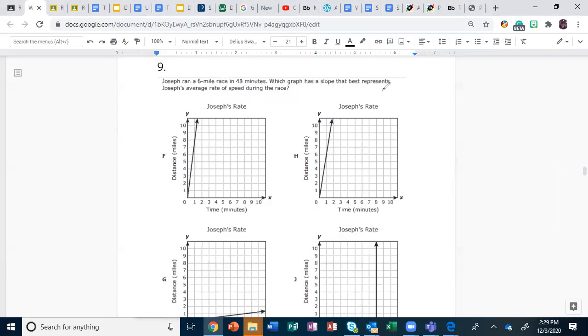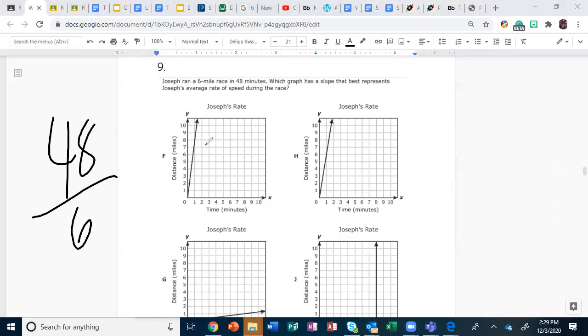So you divide 48 divided by 6. It's not 7. 7 times 6 is 42.